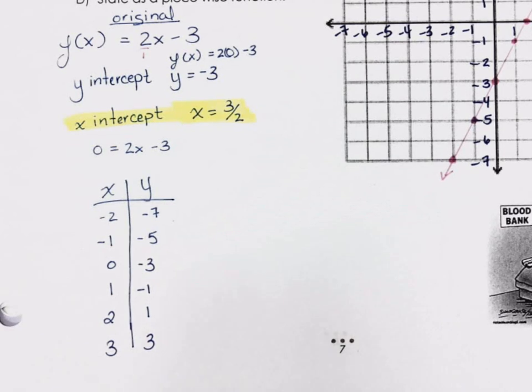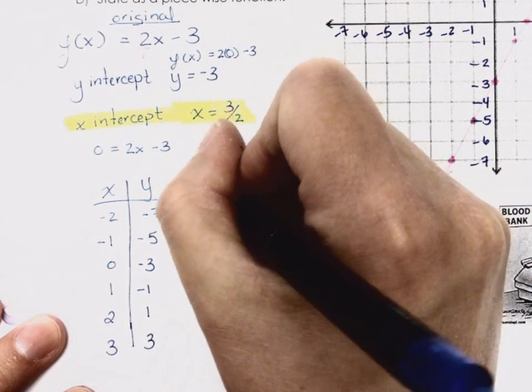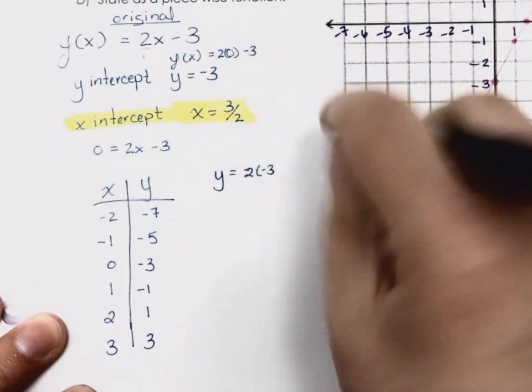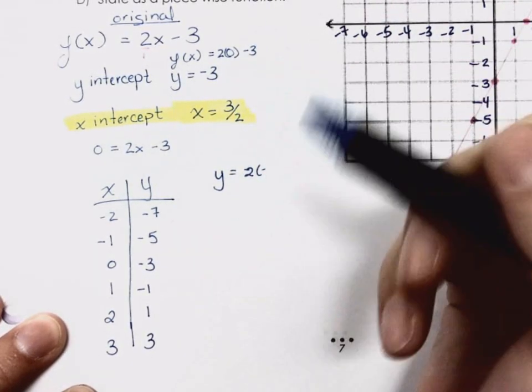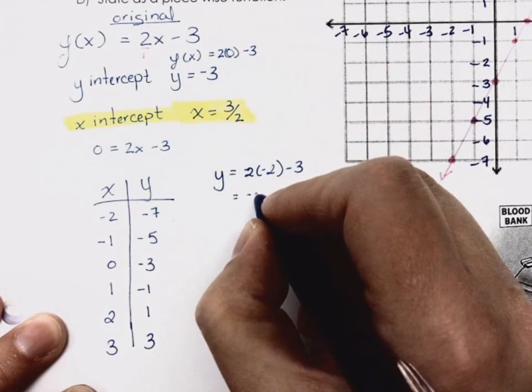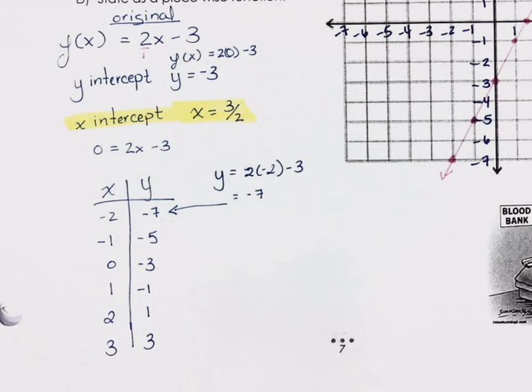Okay. You guys agree with me? And how we calculated these, if I put these into the equation, y equals 2 times -2 minus 3, that gives me my -7, which is right there. Everybody agree with that? Yeah?